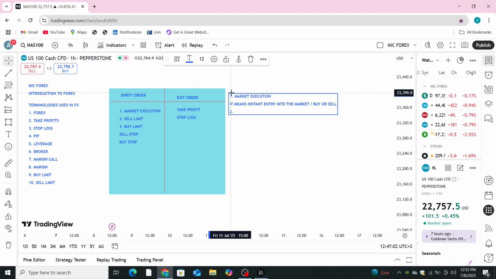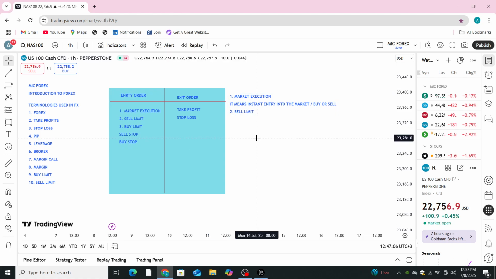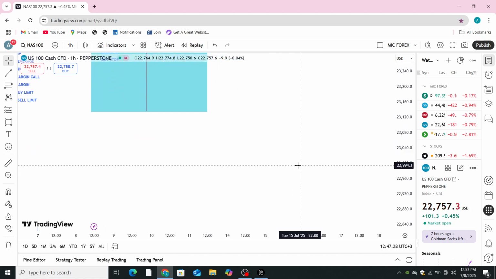Number two, let's talk about sell limit. This one is not instant, so it is a pending market order. Pending means it does not come into effect immediately. If I tell you please place a sell limit at whatever price, then I'm telling you to do something like this.